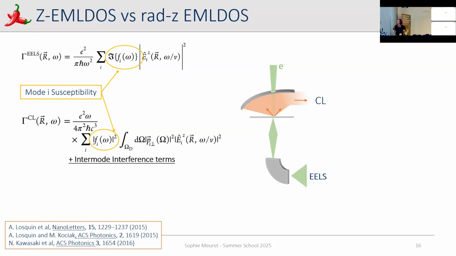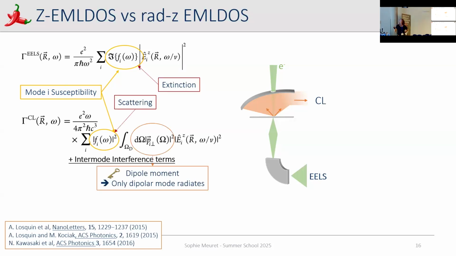What's also interesting is that you have here a term that depends on the dipolar moment, which means that the only thing that radiates is the dipolar mode. Okay, so there are a lot of modes that are not emitting light. So if you're looking at EELS, you will have what we call dark modes that are not going to be visible in cathodoluminescence. And that's really important to keep in mind.